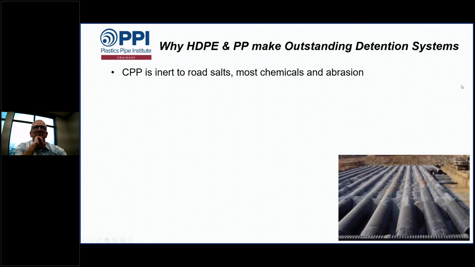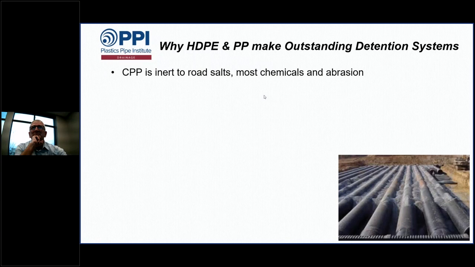One is obviously HDPE and polypropylene are very inert to things that you would normally find in runoff. And that includes the road salts. Typically if you're in a northern climate where they have snow and ice, road salts are applied.